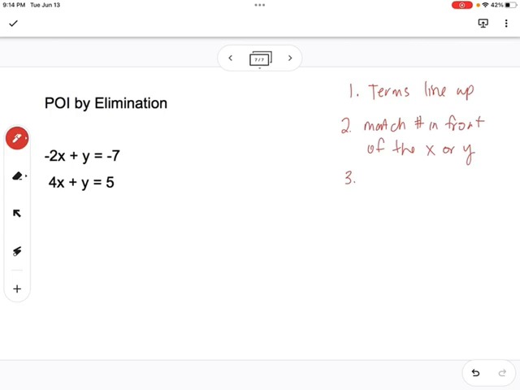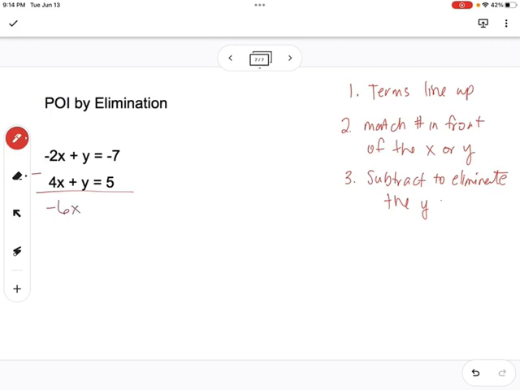So we have a positive y and a positive y, so we would want to subtract these two equations in order to eliminate the y. So subtract to eliminate. So when we subtract, we want to do negative 2x subtract 4x gives us negative 6x.